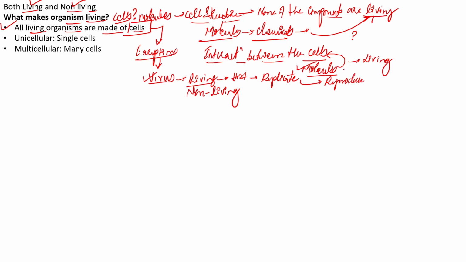So the ability of reproduction or replication of the virus, we can call living. However, if there is no host, the virus cannot reproduce. Based upon this property, we can say that the virus is non-living. If there is no cell for its reproduction or replication process, the virus is completely non-living in nature.